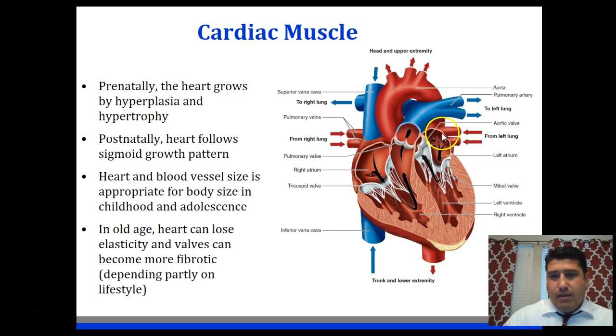But in the left atrium is blood arriving from the lungs. So right atrium, blood arriving from the body. Left atrium, blood arriving from the lungs. Since this blood is arriving from the lungs, it is called oxygenated blood because it's rich in oxygen. So the right side is deoxygenated, the left side oxygenated.